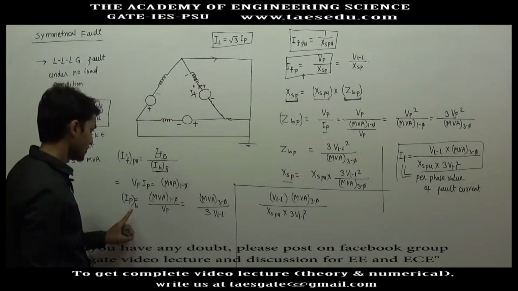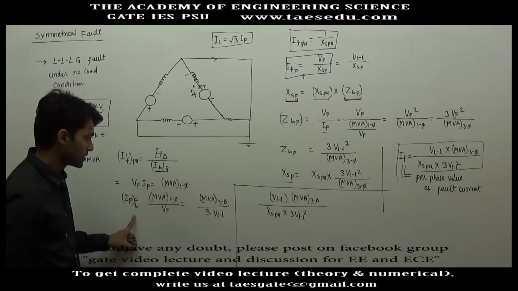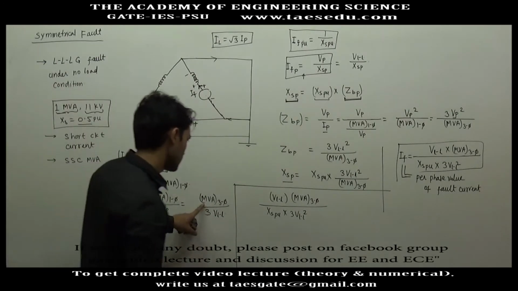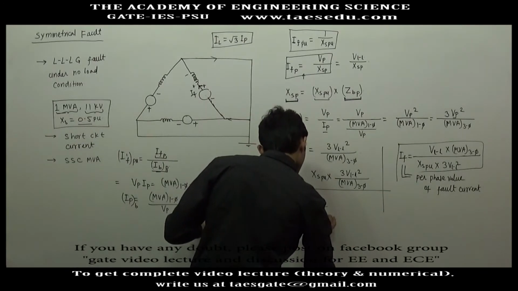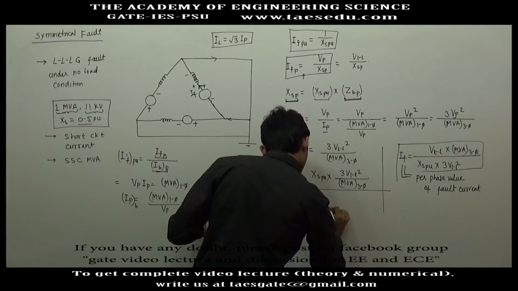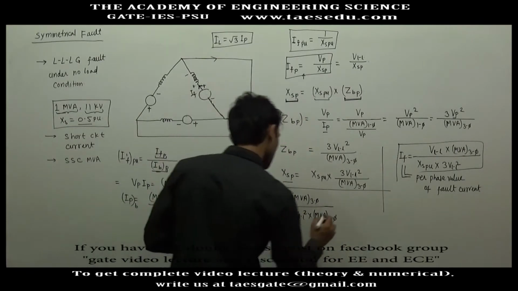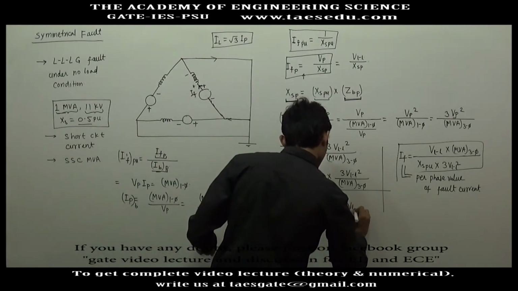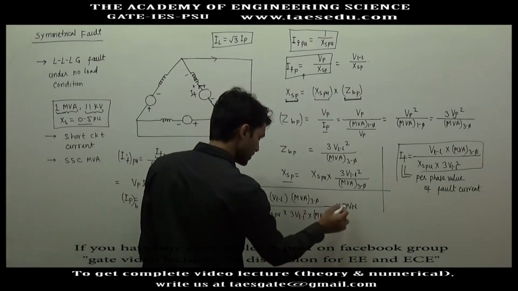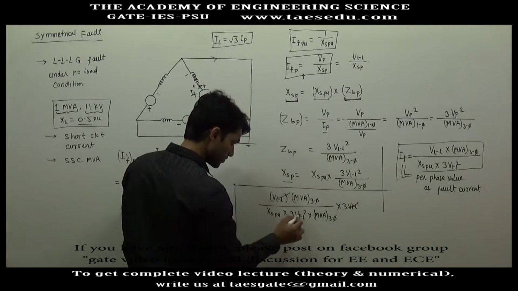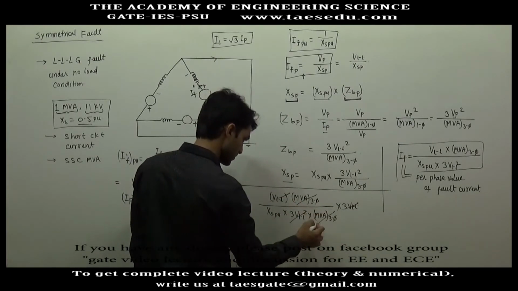divided by the base value of the phase current. So this will be in the denominator, MVA 3 phase into 3 VLL. So again you will have 3 VLL square, this will be cancelled, MVA 3 phase will be cancelled.